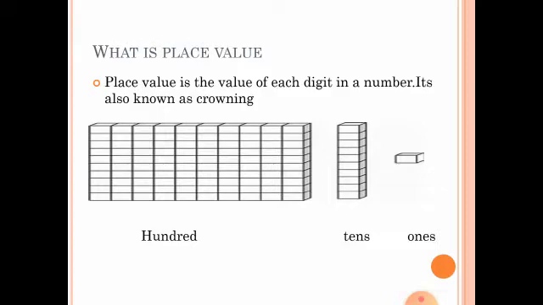This row of 10 blocks is known as tens, and on the left hand side you can see a huge rectangular prism. In this prism you have 100 blocks, but you don't need to count all the 100 blocks. I am telling you the technique how to count these 100 blocks in a few seconds.